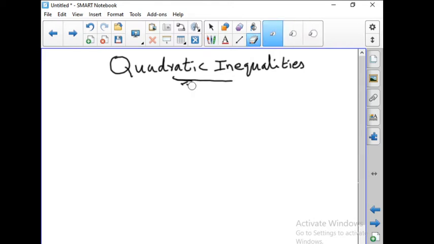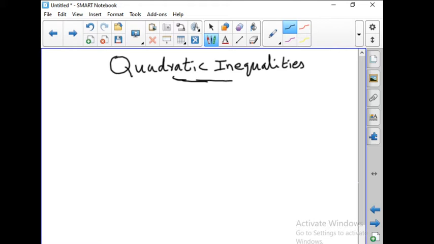Equations means equal to 0. Inequalities means less than or equal to, or greater than or equal to, we have, then we call it inequalities.